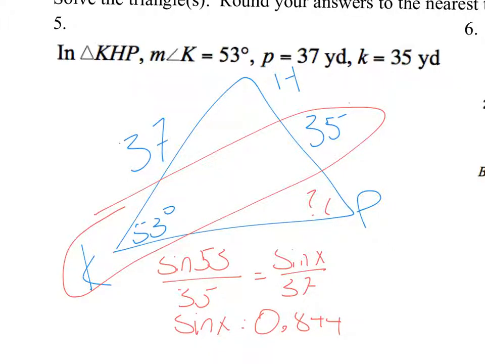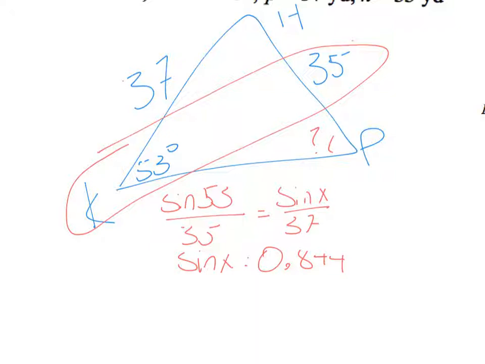When I do inverse sine of 0.844, I get an angle of 57.564 degrees. So what this is saying is that one option for our triangle is that this could be 57.564 degrees.